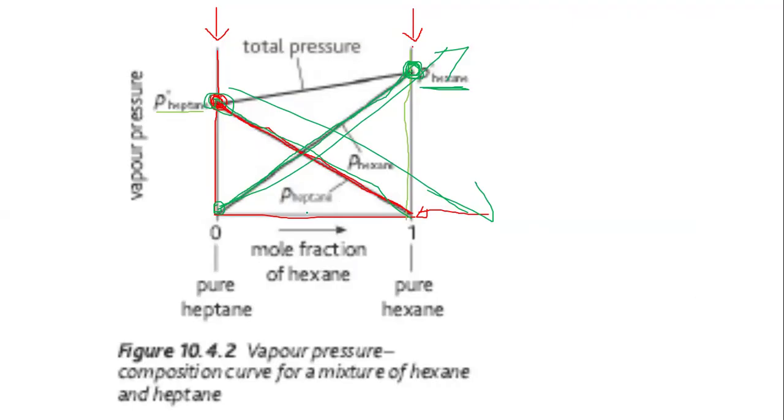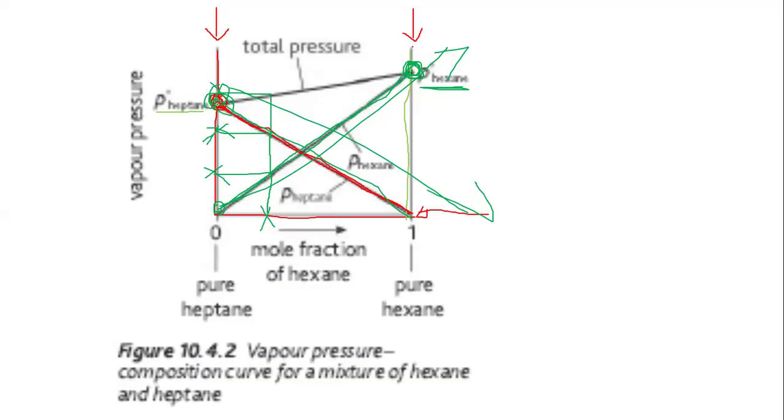If you take this small fraction here, and you see what the partial pressure is of heptane, which would be somewhere around here, and you take the same mole fraction and see what the partial pressure is, which is somewhere around here, for hexane, which is a more volatile liquid, the total pressure would be somewhere around here for both of them.